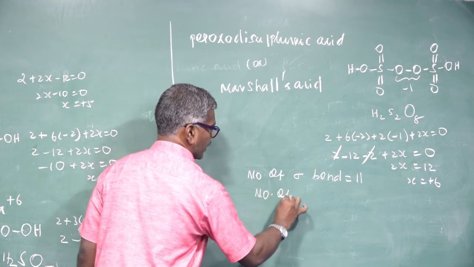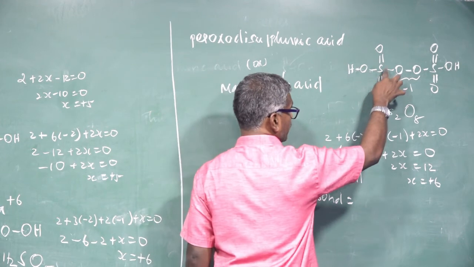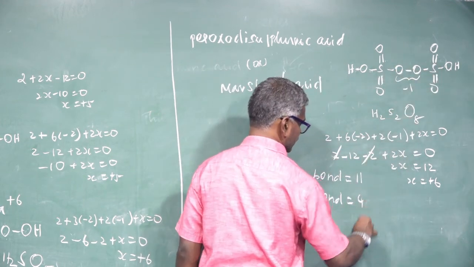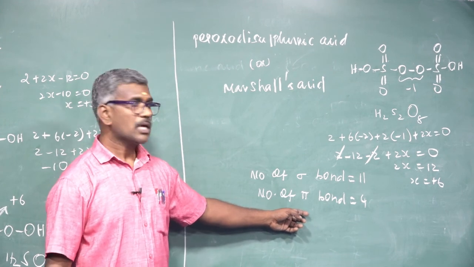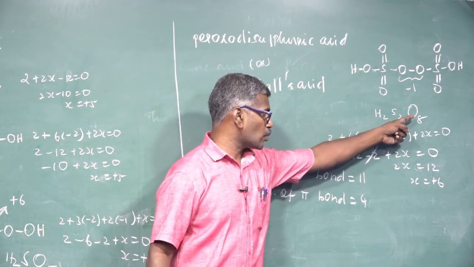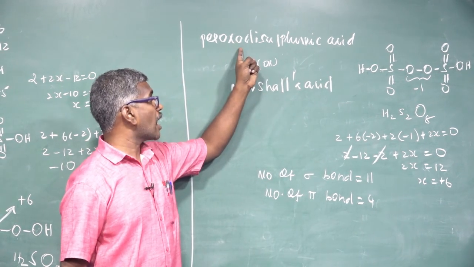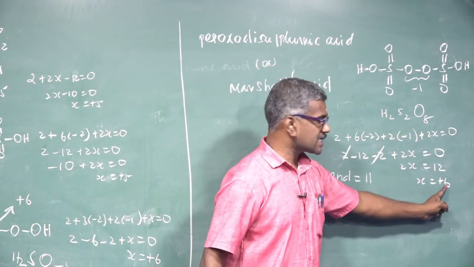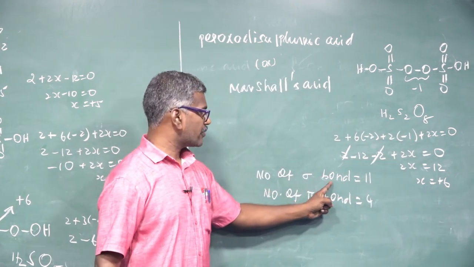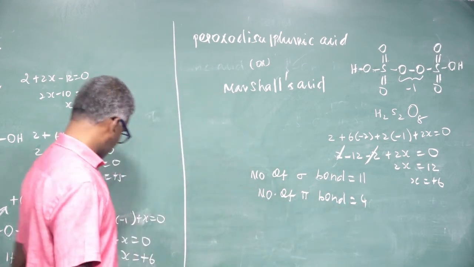Number of pi bonds: 1, 2, 3, 4. This type of question may be asked. One more question: in H2S2O8, what's the name? Marshall's acid or peroxodisulfuric acid. What is the oxidation state? Plus 6. Number of sigma bonds 11. Number of pi bonds 4.